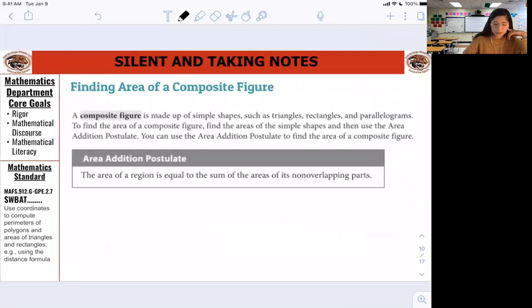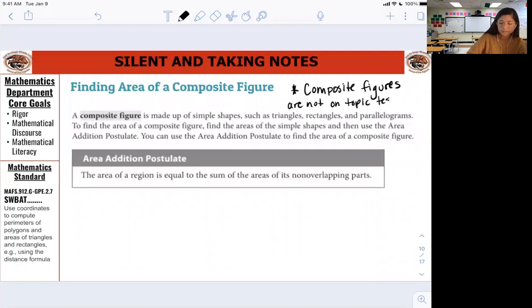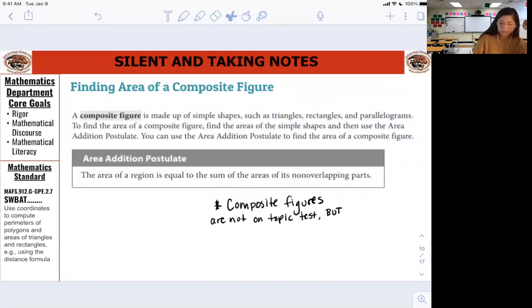Okay. So first thing, let me make a disclaimer. Composite figures, which we're about to do, are not on the topic test, but they are on the EOC.